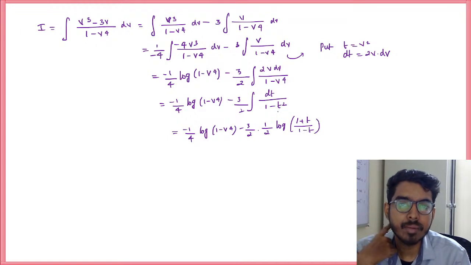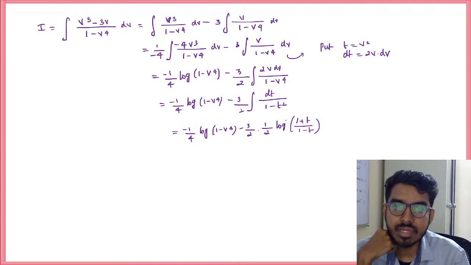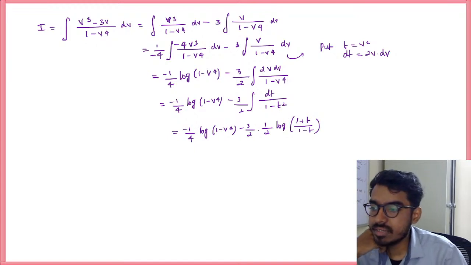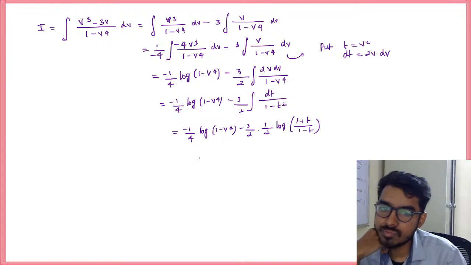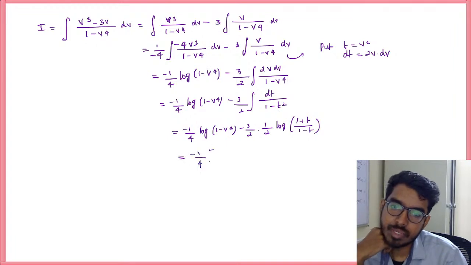This is the formula for 1 by a square minus x square, right? That I already mentioned. That's it, right? So we take this minus 1 by 4 outside, so minus 1 by 4 times log of 1 b power 4 plus 3 times log 3 plus t.